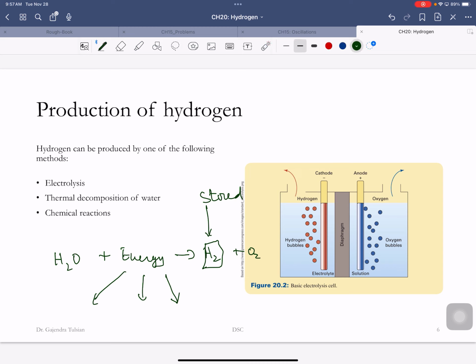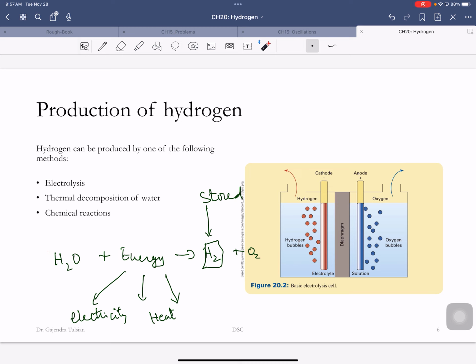Electrolysis, you're providing energy using electricity. Where is the electricity going to come from? Solar and wind. Okay. Or you can use heat. What you're doing is you use heat and you're just splitting the water molecule.